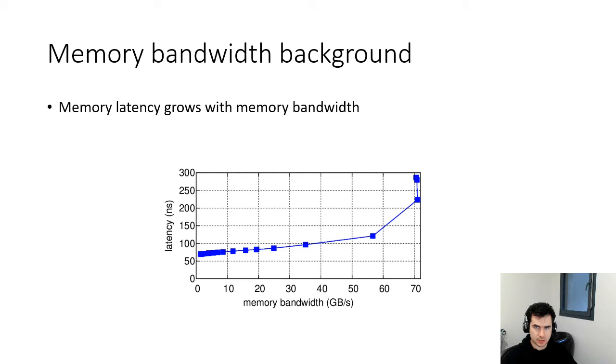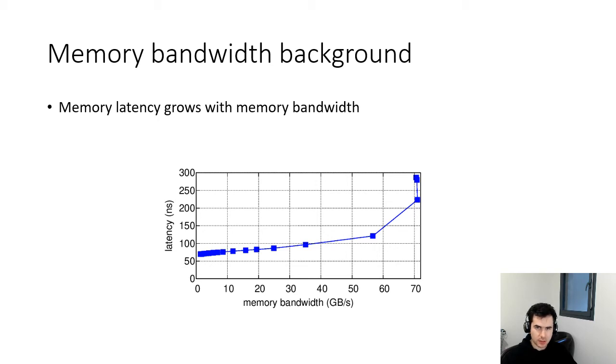Before we discuss the memory bandwidth bottleneck, I'd like to show the impact of memory bandwidth on memory latency. The figure shows CPU memory latency as a function of memory bandwidth on a single Scalable CPU socket. We see here that memory latency first grows linearly, but then grows exponentially as memory bandwidth increases.